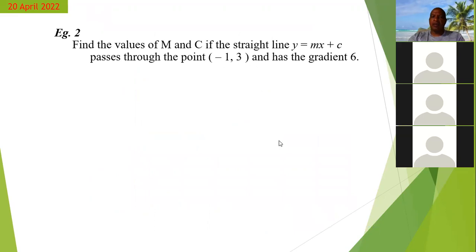All right. So here now we have our next example 2. And in this case, we are not given a graph of a straight line, but instead, what is it that we are given in this question? Anybody knows? Read the question for yourself and see what is given.